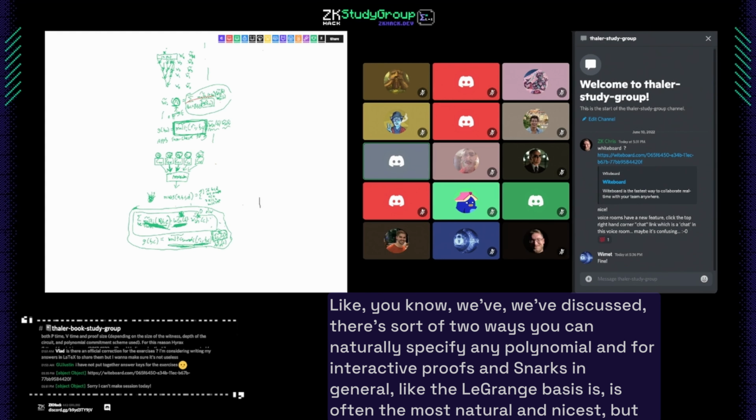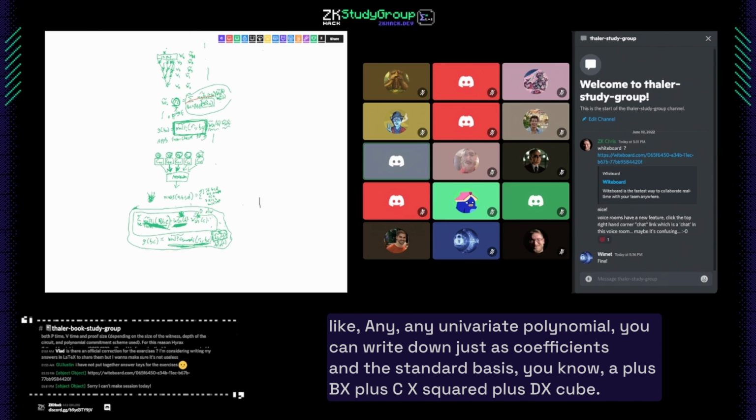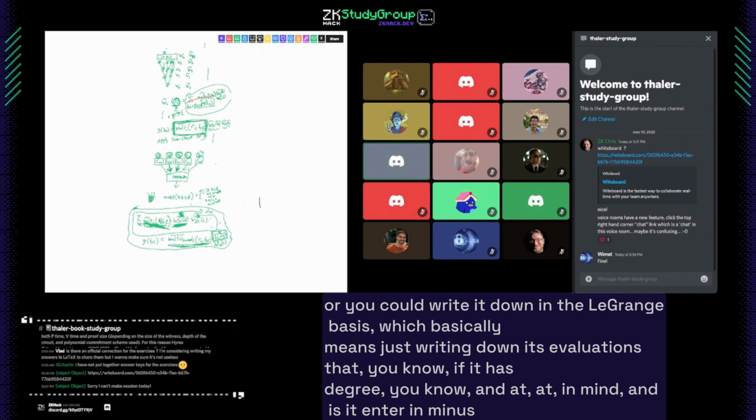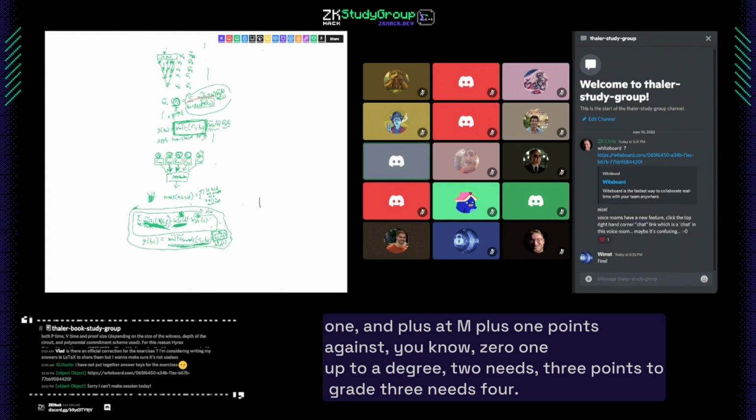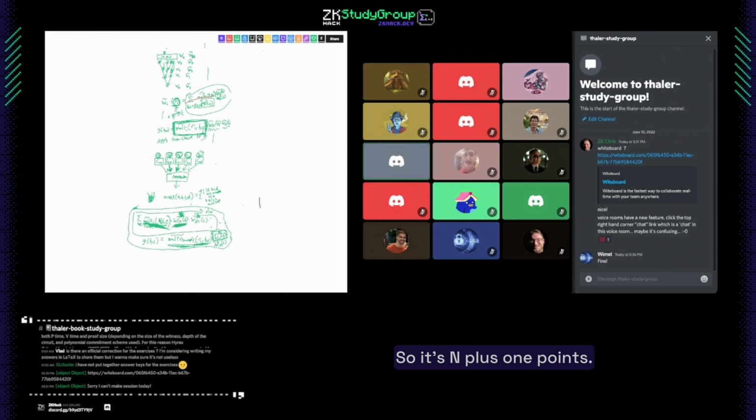For interactive proofs and SNARKs in general, the Lagrange basis is often the most natural and nicest, but any univariate polynomial, you can write down just its coefficients in the standard basis, a plus bx plus cx squared plus dx cubed. Or you could write it down in the Lagrange basis, which basically means just writing down its evaluations at, if it has degree n, n plus 1 points: 0, 1, up to, degree 2 needs 3 points, degree 3 needs 4. Yeah, so it's n plus 1 points.